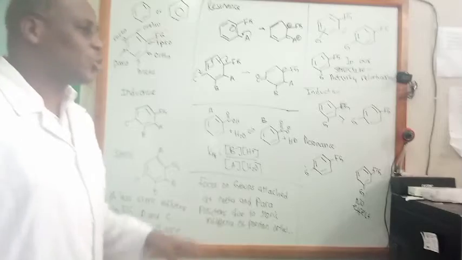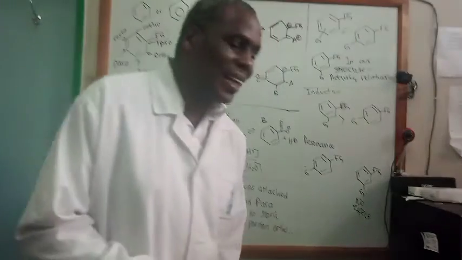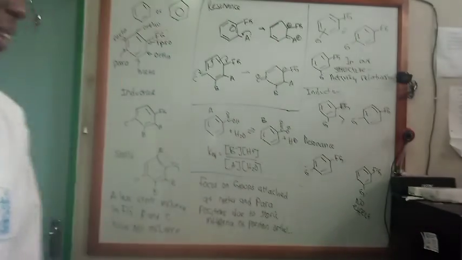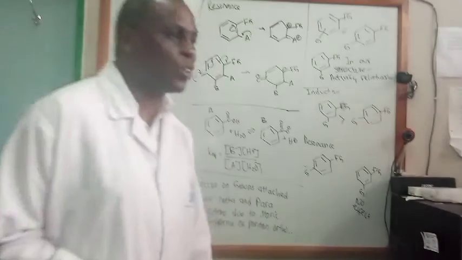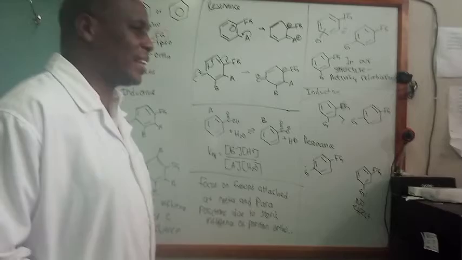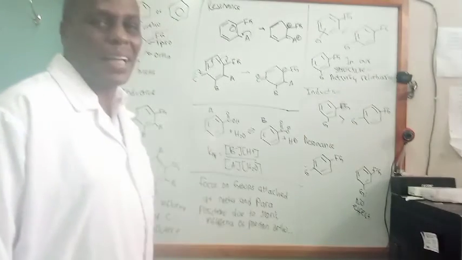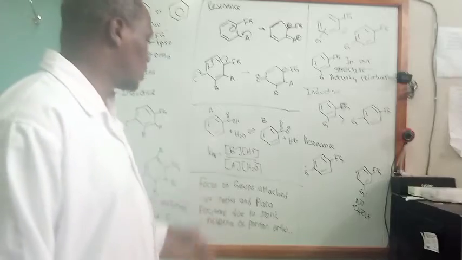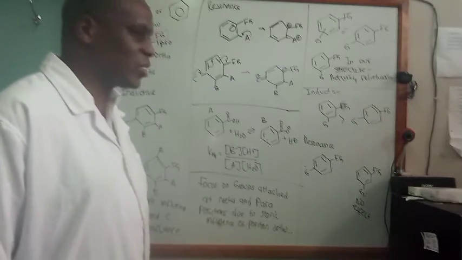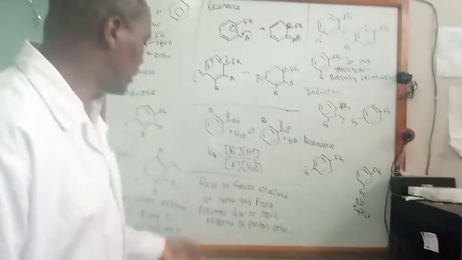So this is what led this scientist called Hammett, whom we are going to be mentioning later, to develop the Hammett equation, a very simple relationship of a logarithm, and it will tell something about those field effects, the resonance and the inductive effects.